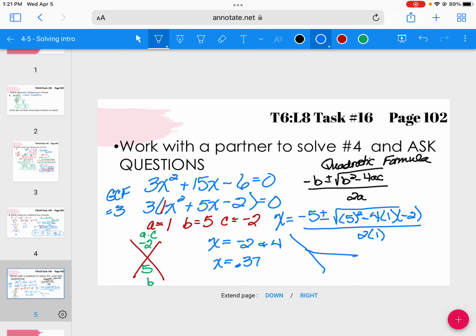I don't have a calculator back here. -5 plus square root, oh, this isn't the yellow one, -5 plus square root, why doesn't it like that?